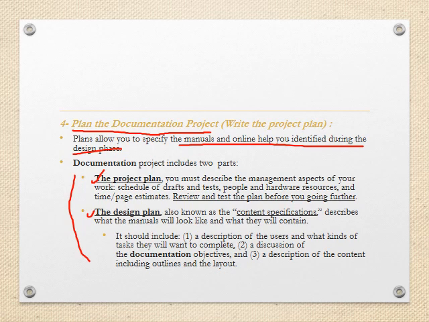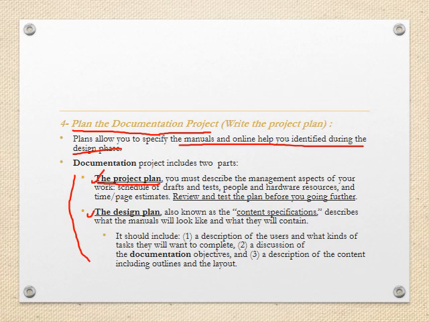Now, what do we mean by project plan? The project plan is a document that tells the resources, deadlines, and other information for managing a manual or help project. It means the project plan here focuses on management-related tasks.